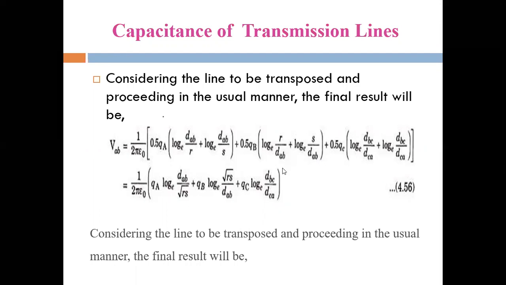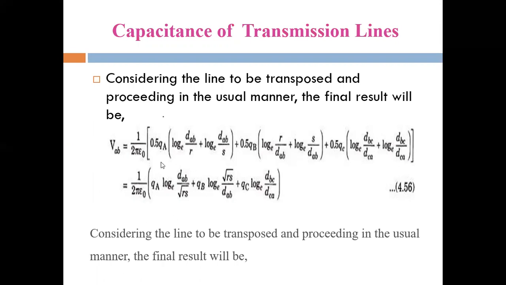This is the potential difference across A to B. That's why we are considering log e R by DAB plus log e S by DAB, plus 0.5 QC log e DBC by DCA. DBC is the distance between conductor B dash and C, plus log e DBC by DCA.